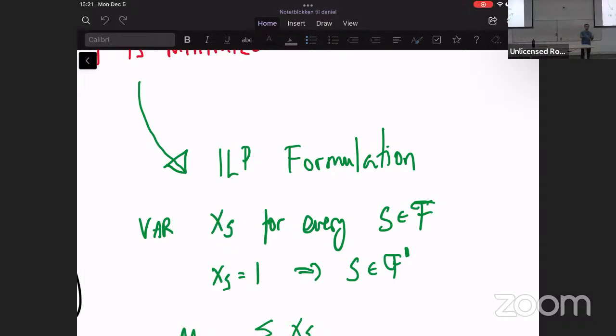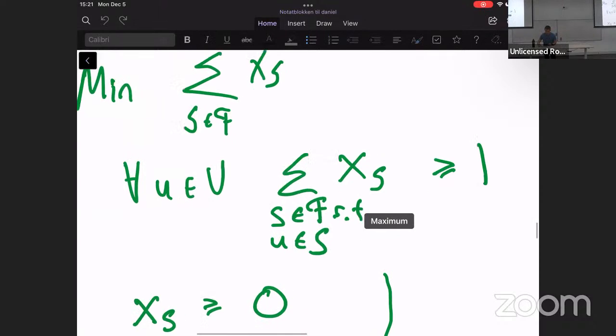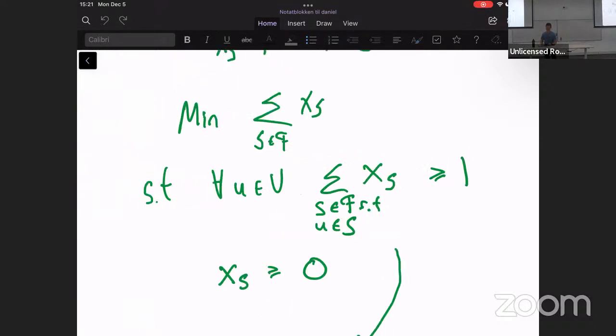So if we look at all the sets in the input that contain that element and the variables corresponding to it, at least one of these variables should be at least one. So in particular, for every u in the universe, if we sum over all sets in the family such that u is part of that set of x_S, then this should be at least one.